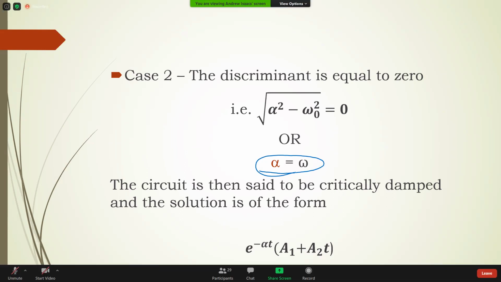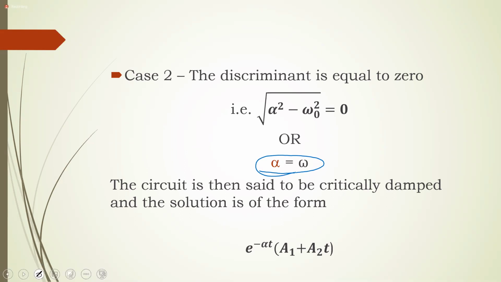And if alpha is equal to omega, then it means that the solution, and of course, remember, all we're trying to find here is an expression for the current, all right? So I would be equal to e to the minus alpha t times a1 plus a2 t. Under these circumstances, the circuit will be considered to be critically damped.